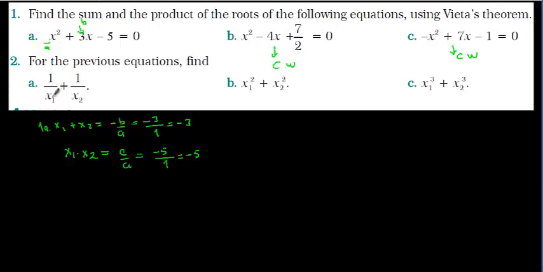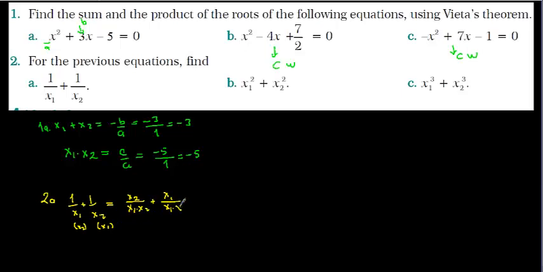Then I'm going to continue with the second one. I'm going to find what is 1 over x1 plus 1 over x2, and I'm going to derive this equation with 2a, with respect to this given information. Here x2 and x1 are different denominators, that's why we are going to cross multiply the denominators, and it's going to be x2 over x1 times x2 plus x1 over x1 times x2.